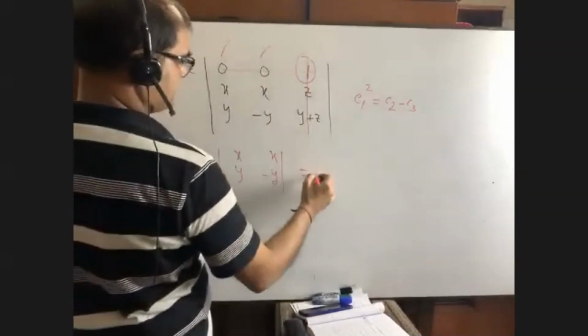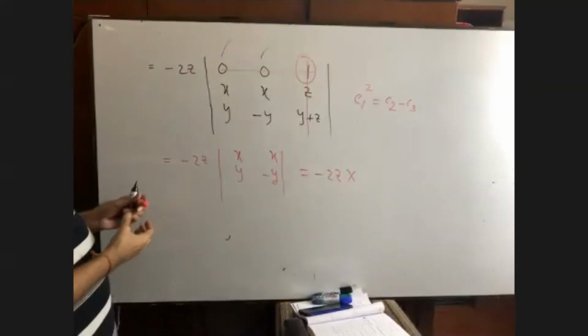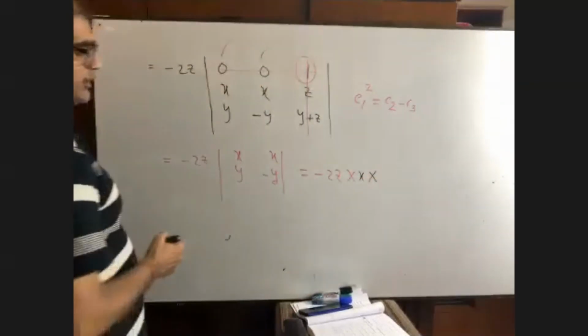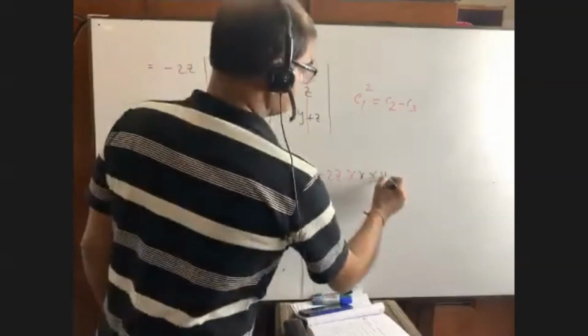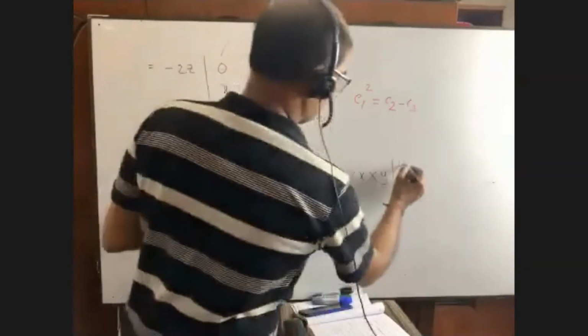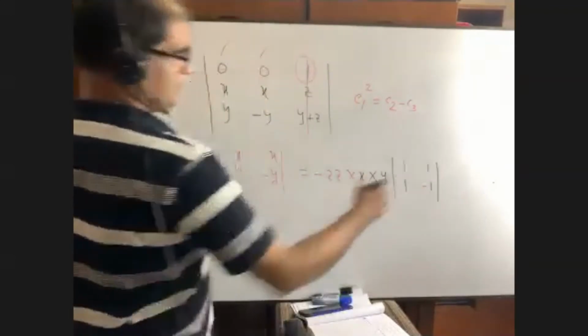Now what comes next? Minus 2z into, I have to take x common from the first row. This is x common. I have to take y common from the second row. Y has been taken common. So we are left with 1 1 1 minus 1. Now please can you calculate it?